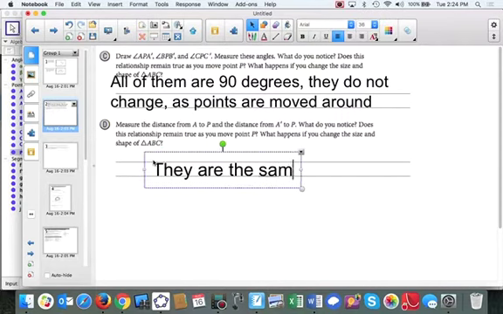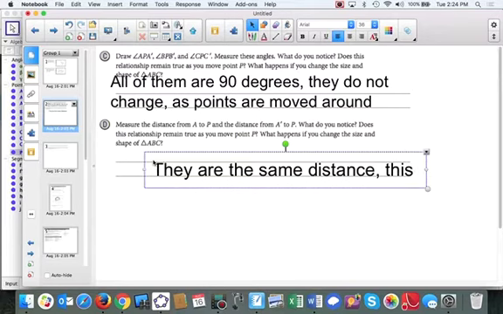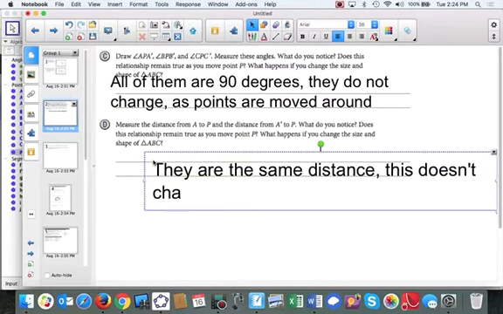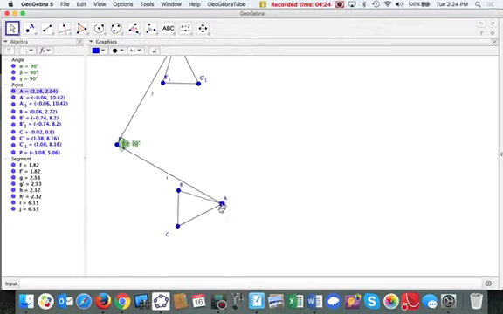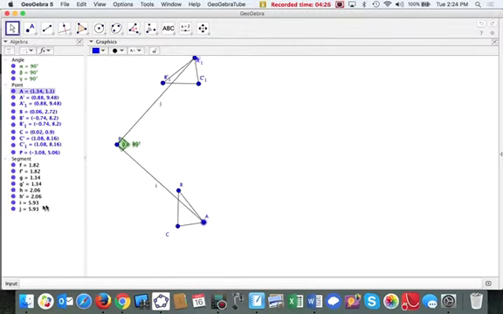They are the same distance, and this doesn't change as P is moved. Does it change when I change the shape of triangle ABC? Again, the value changed, but the relationship did not.